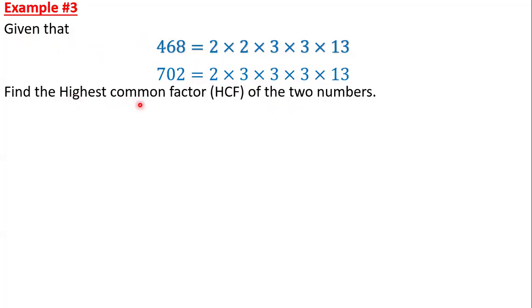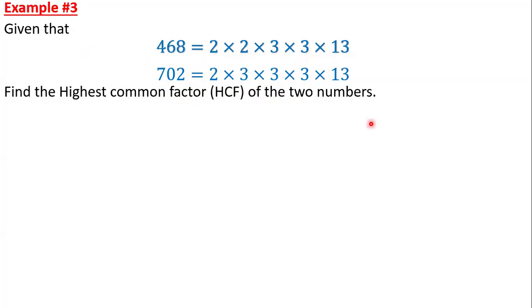Find the highest common factor, the HCF, of the two numbers. Very good. Shalise, can you read this question for me, please? Given that 468 equals 2 times 2 times 3 times 3 times 13, and 702 equals 2 times 3 times 3 times 3 times 13, find the highest common factor, HCF, of the two numbers.